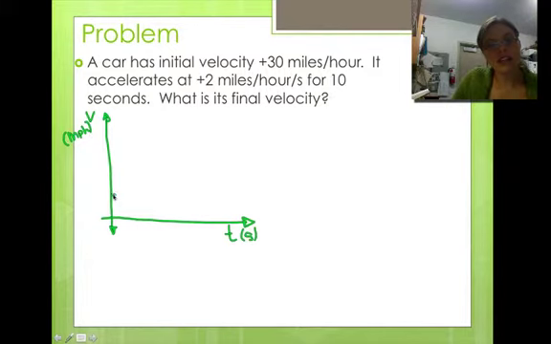And we start at, excuse me, not 2, 30. We start at 30 miles per hour, accelerates at 2 miles per hour per second for 10 seconds. So this is our acceleration, 2 miles per hour per second, for 10 seconds.